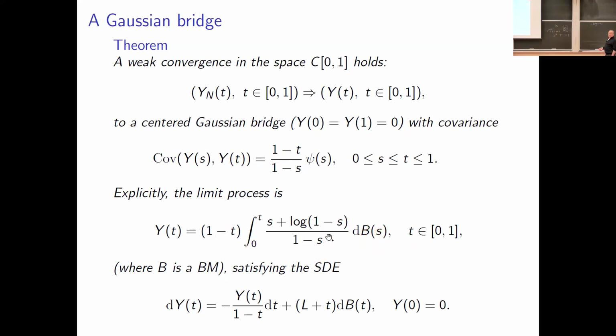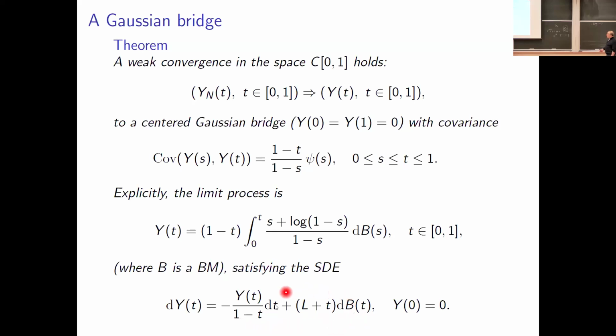So it looks something like an Ornstein-Uhlenbeck process, but it's not an Ornstein-Uhlenbeck process. It has the features of a bridge because this process starts at 0 and ends at 0, and it's Gaussian. Alternatively, you can describe this process as the unique strong solution of this stochastic differential equation.